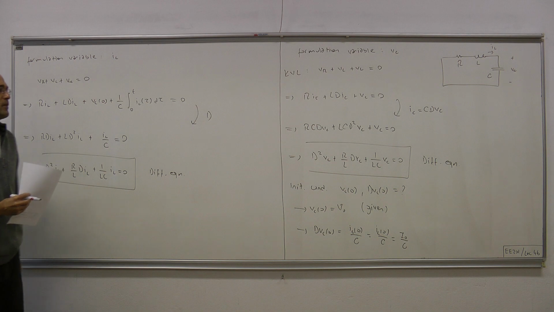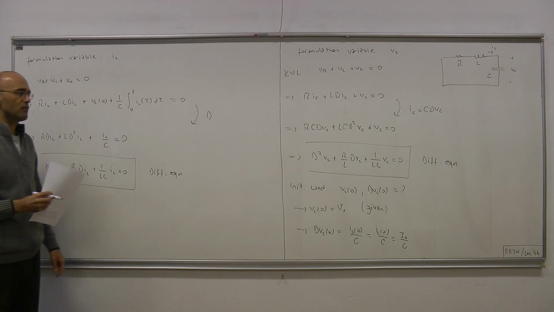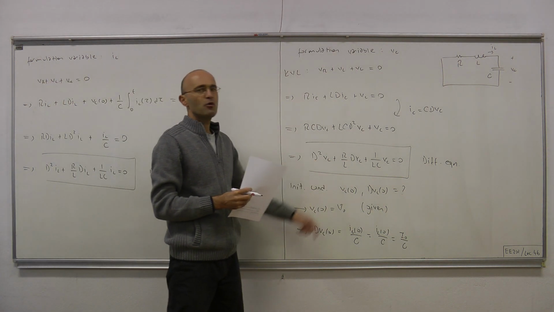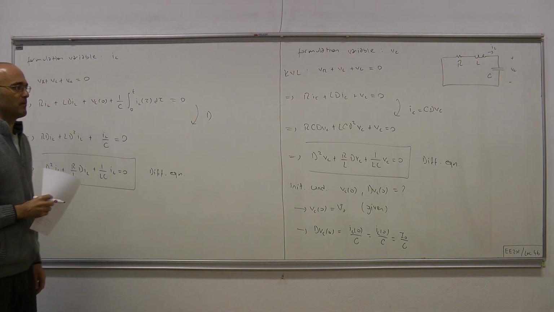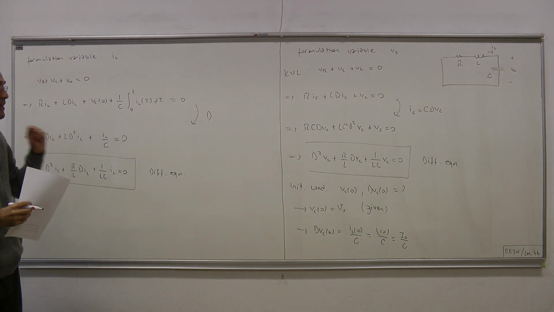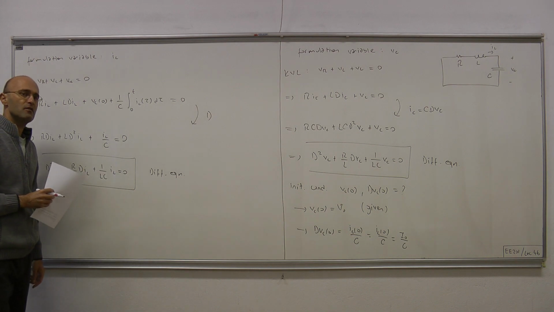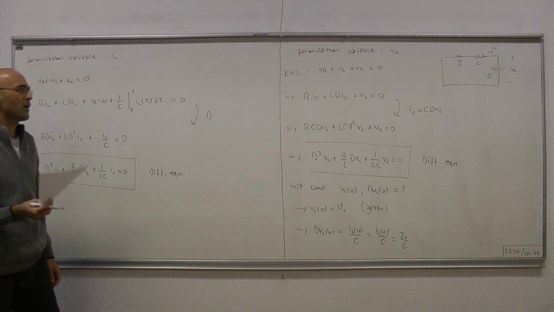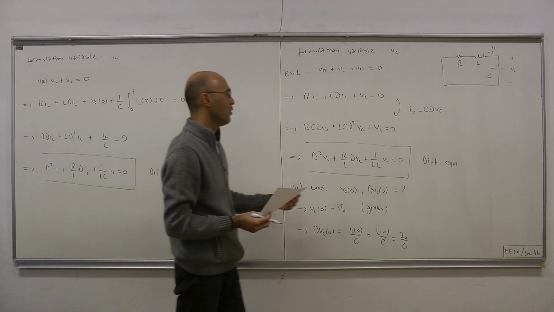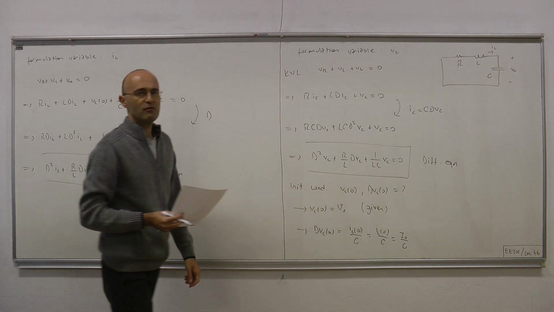Note that the coefficients of the respective terms are the same in both differential equations, despite the fact that the formulation variables are different. So that's no coincidence, okay? So regardless of the formulation variable, you will always obtain the same differential equation.